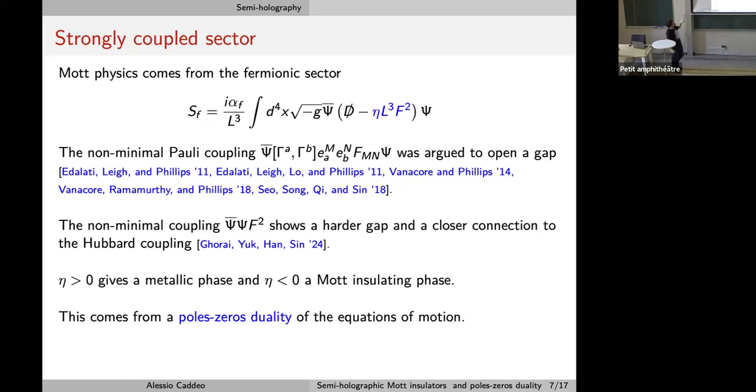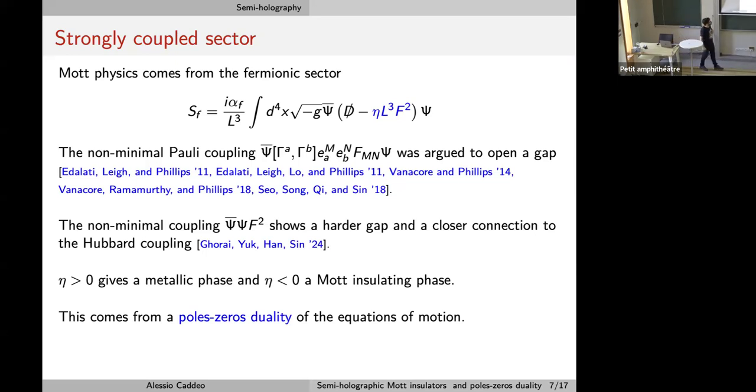Let me say that we're using this coupling and embedding it in a semi-holographic context. We have this dimensionless parameter eta, and as we will see, positive values of eta correspond to a semi-holographic metallic phase, while negative values correspond to a phase that I will try to convince you is a hard insulating phase.